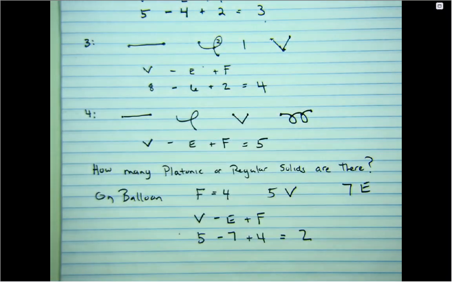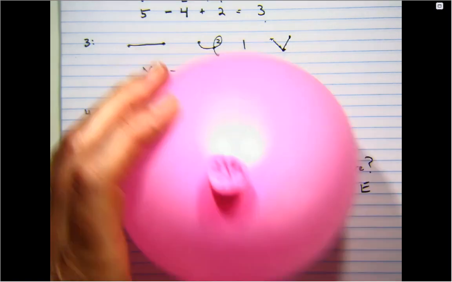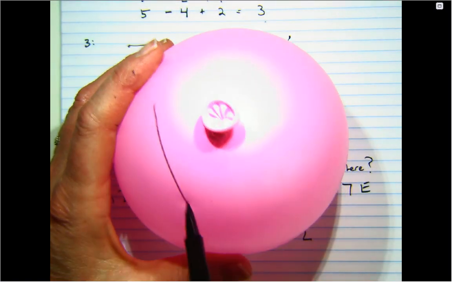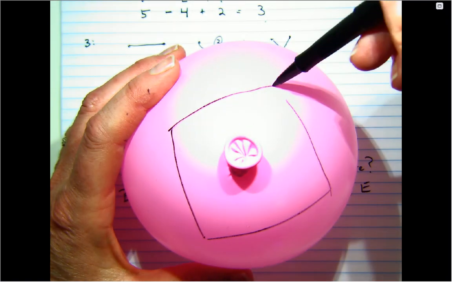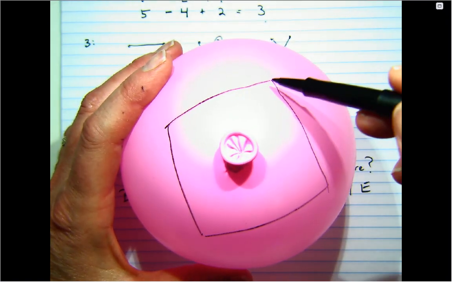But what helps with the balloon is that we can go ahead and put a platonic solid on the balloon. So let's do the same thing when we put a cube on the balloon. Okay, so I'll put one face on the balloon here. So this isn't square, but pretend it's square.